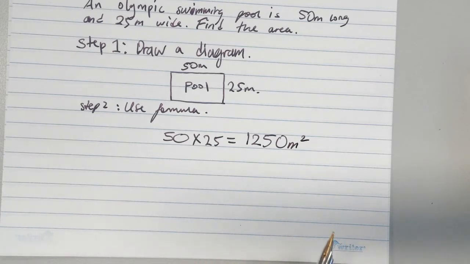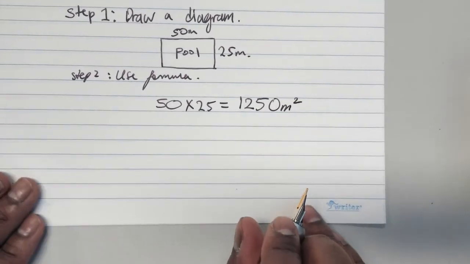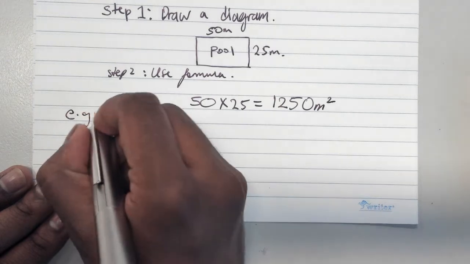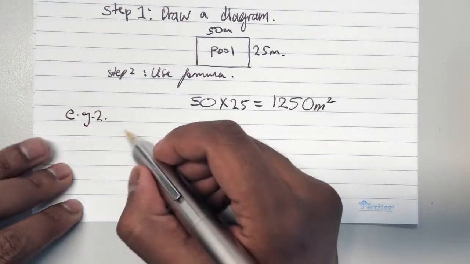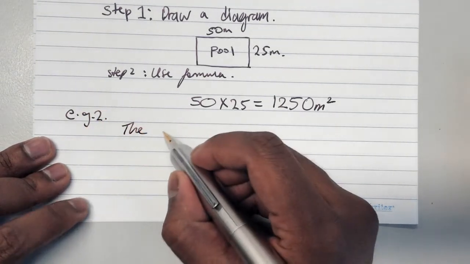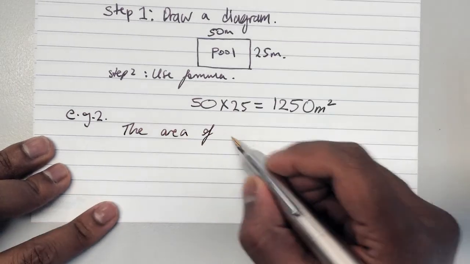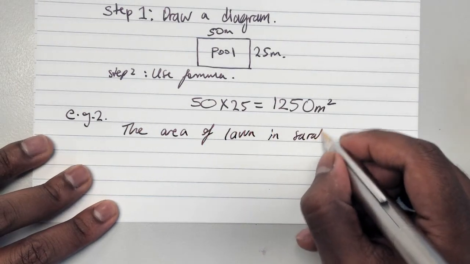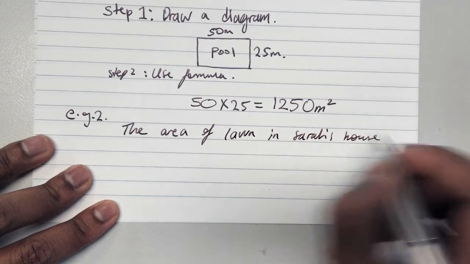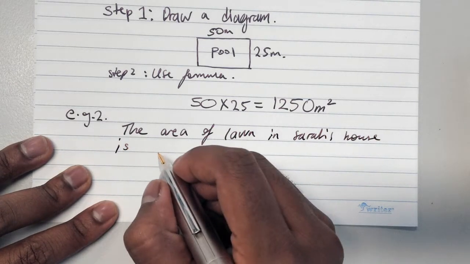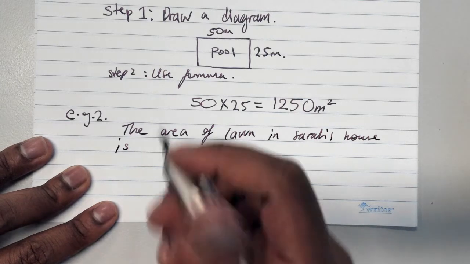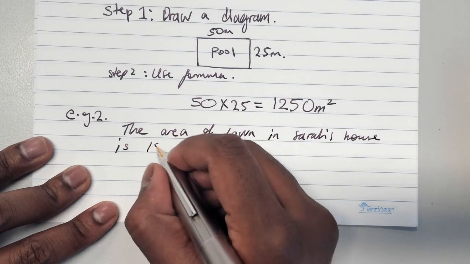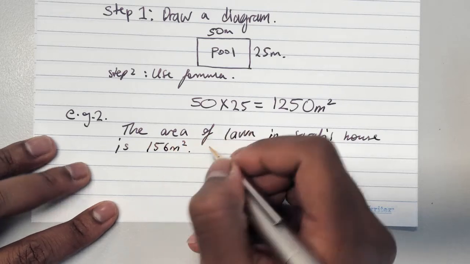Now, a trickier question, but not too tricky, hopefully, can be something like this. The area of lawn in Sarah's house is 156 square meters.